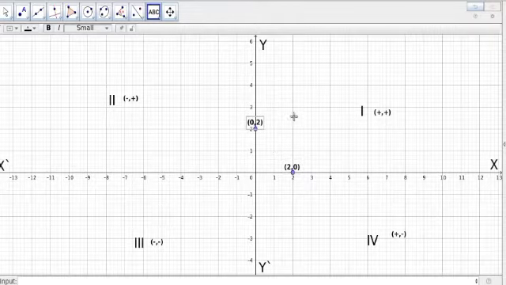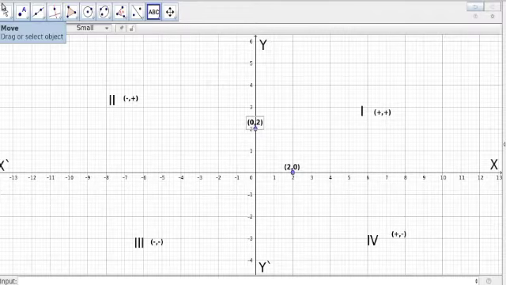If the point is on the y-axis, there is no x coordinate, no distance along x. So the point is 0, 2. The coordinates of this point are 0, 2, and here 2, 0.